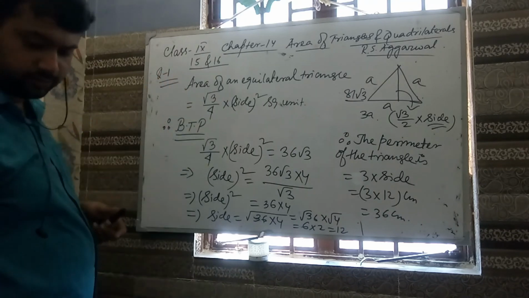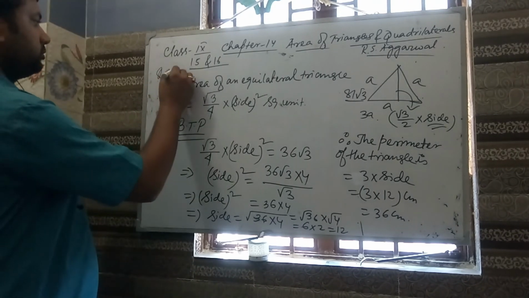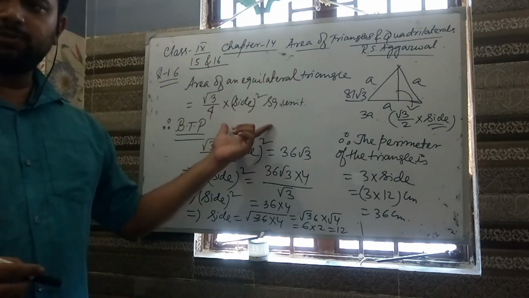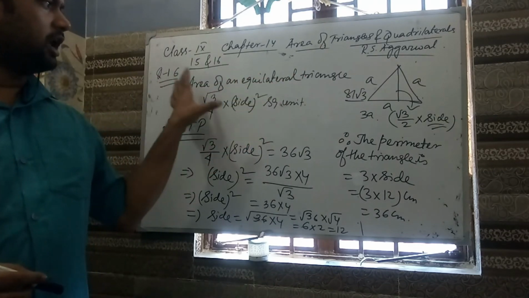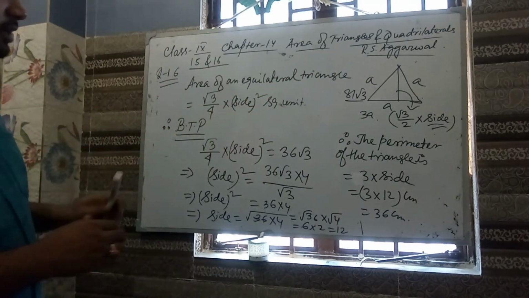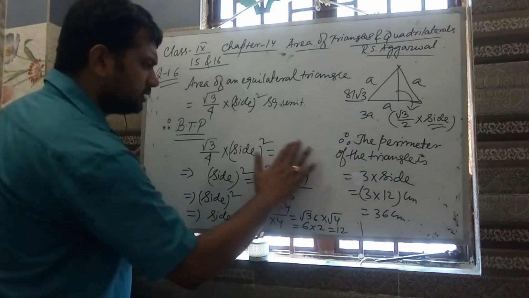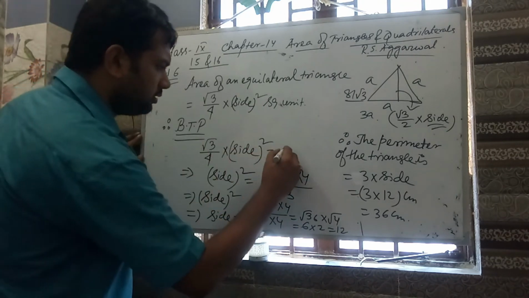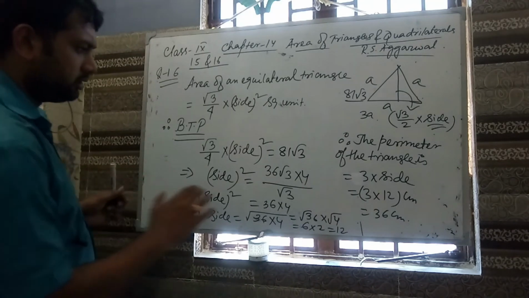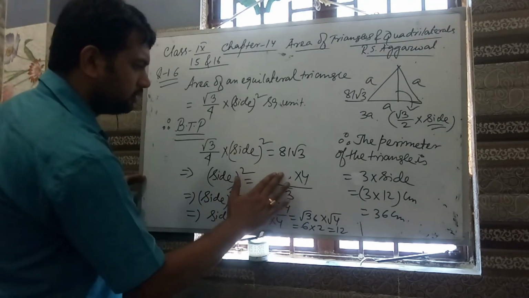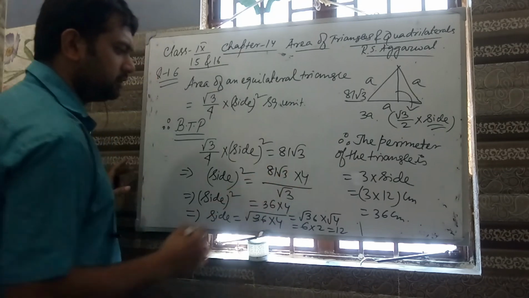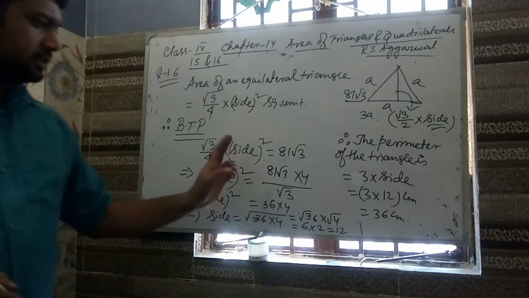Question number 16. The area of an equilateral triangle, we have to use this formula. That's why I am not rubbing this portion. Again, by the problem, this area, here we have to change. It is 81 root 3. Here it will be 81 root 3. Root 3 cancel out.